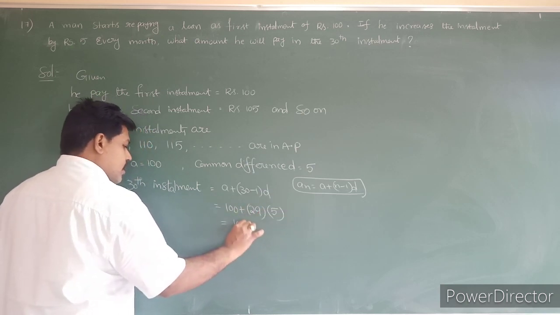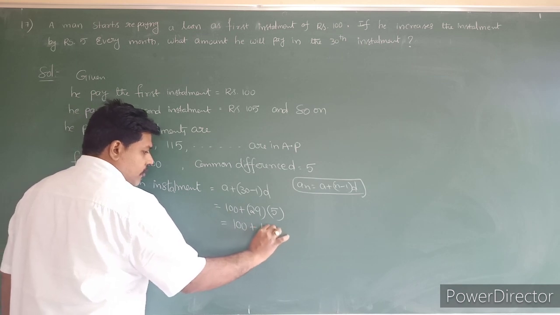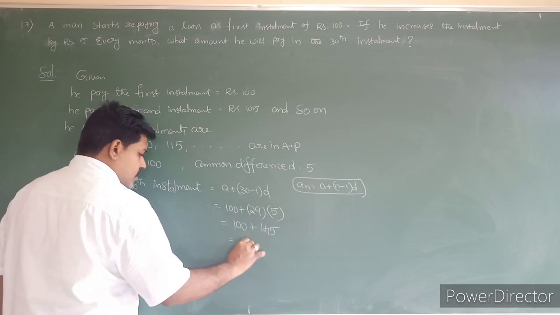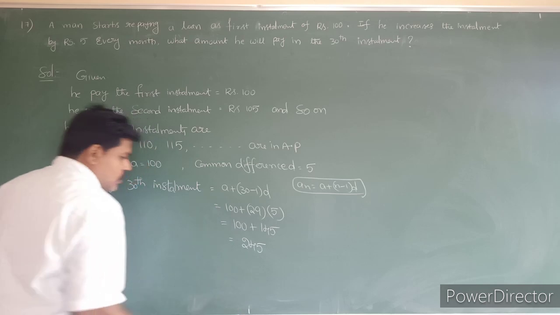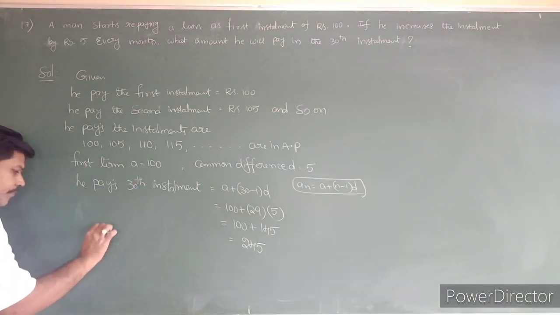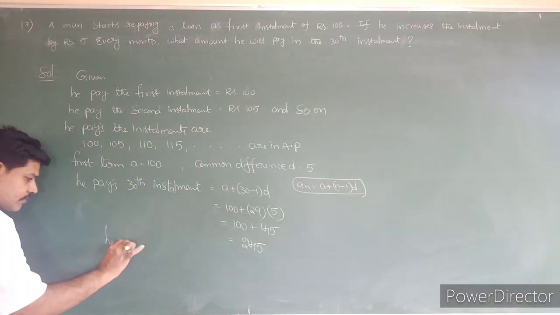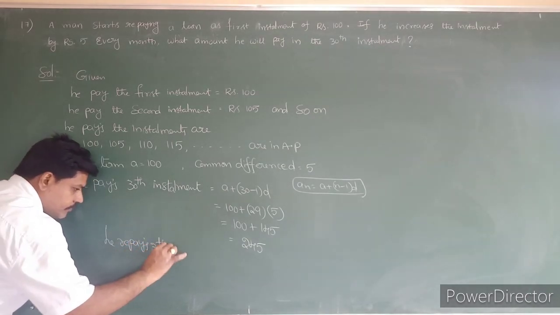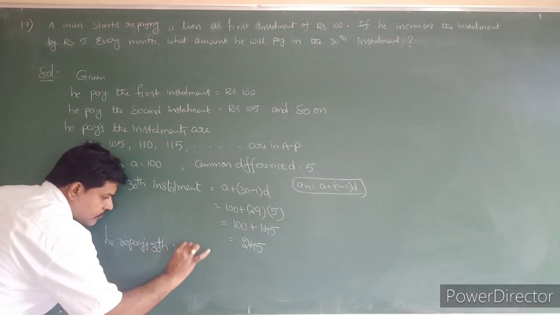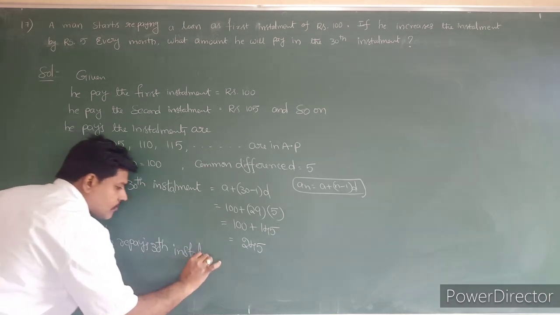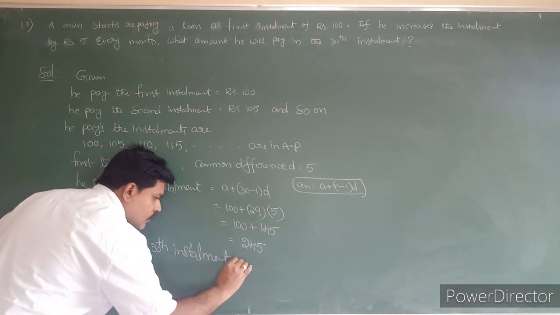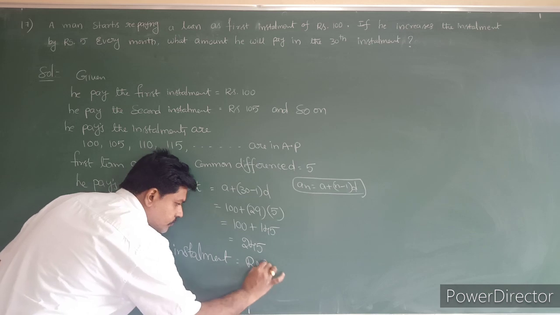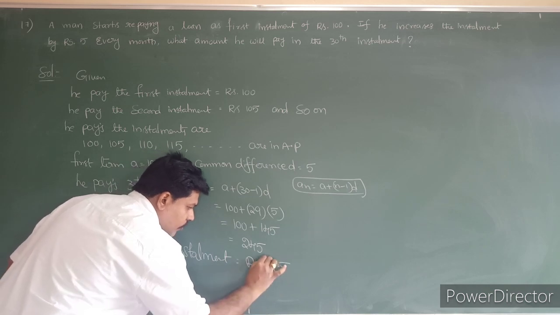So that is nothing but 100 plus 60. Therefore here the 13th installment is equal to 160 rupees.